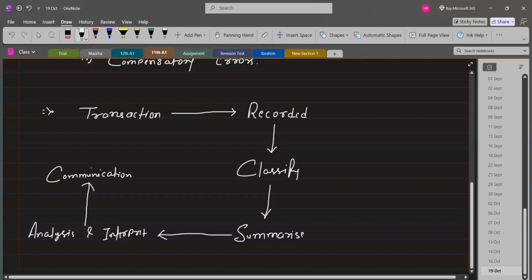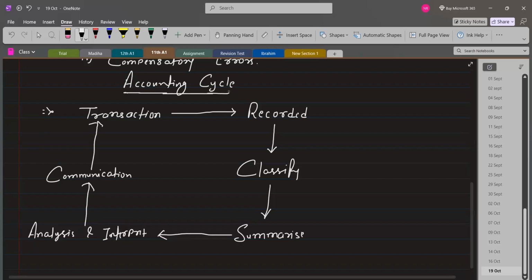Then again we are back to transaction. This is the accounting cycle, like the food chain. Transaction is recorded, then classified, then summarized, analysis and interpretation, communication, and then back to transaction.